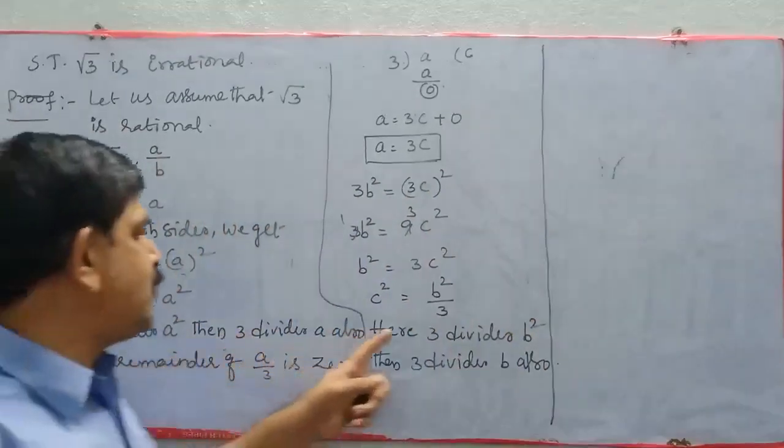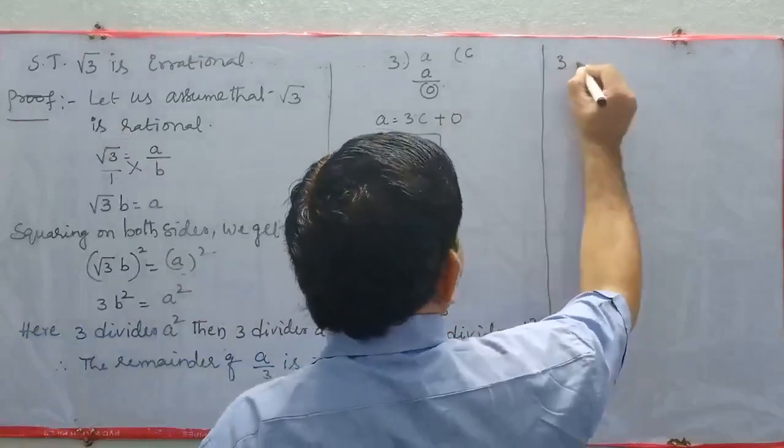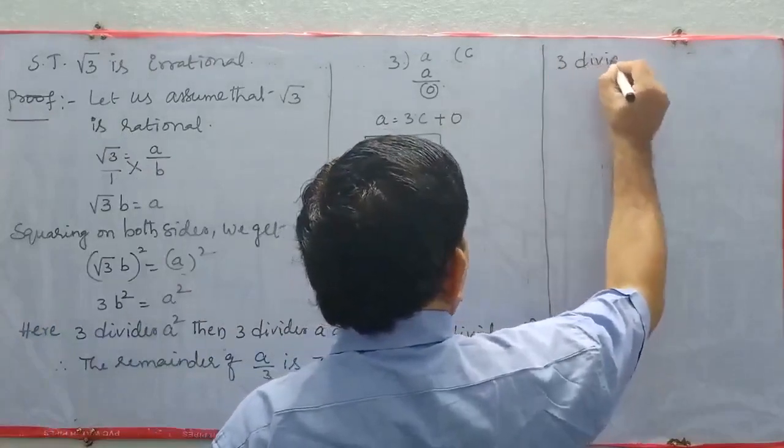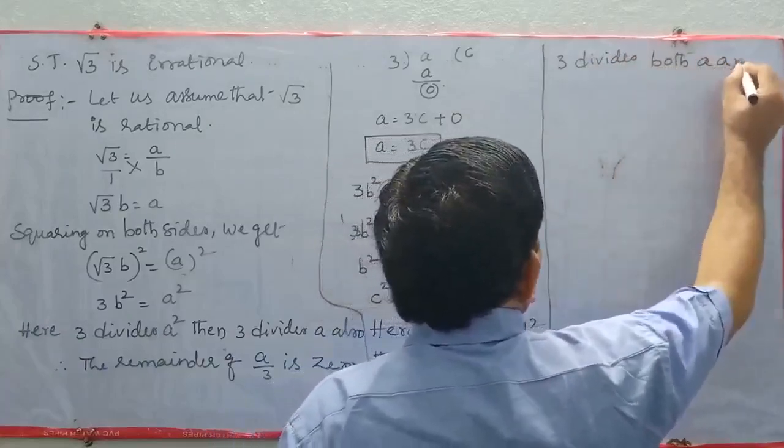Combine these two statements, we get 3 divides both a and b.